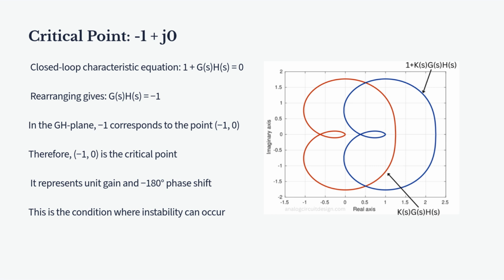So this point is called the critical point. This point is very important in Nyquist stability. It represents gain equal to 1 and phase shift equal to minus 180 degrees. At this condition, feedback can make the system unstable. So in the Nyquist method, we check how the Nyquist plot moves around this point. If the plot encircles this point, we count the encirclements.